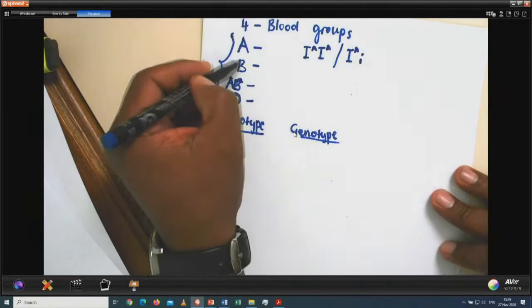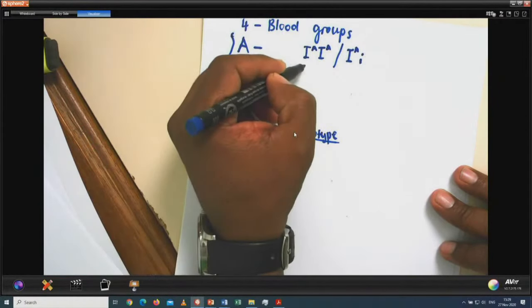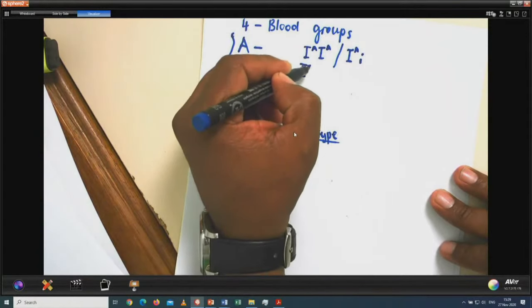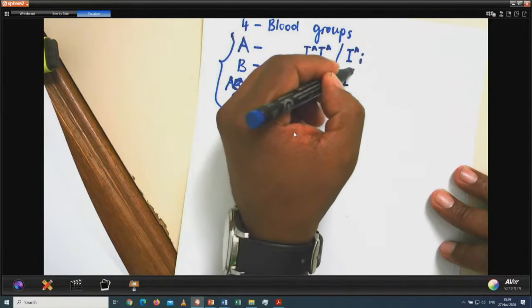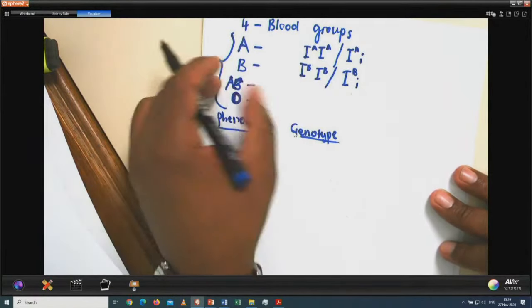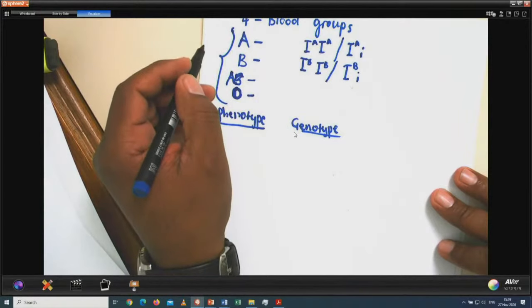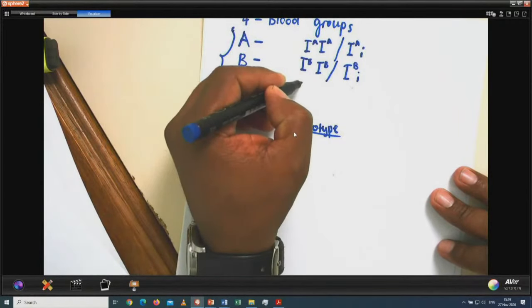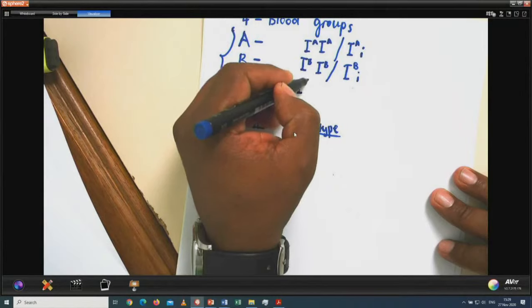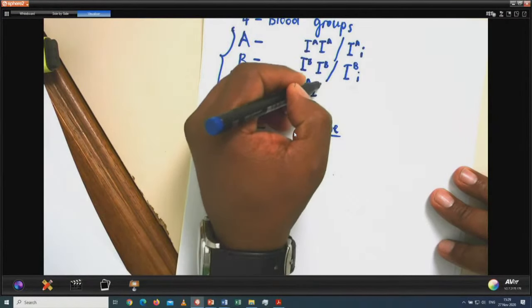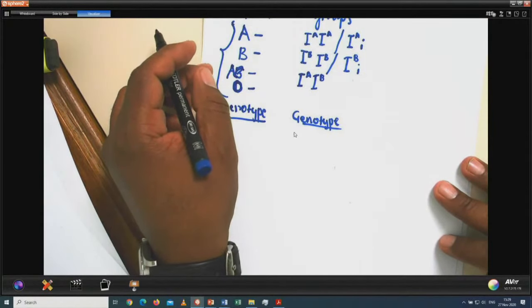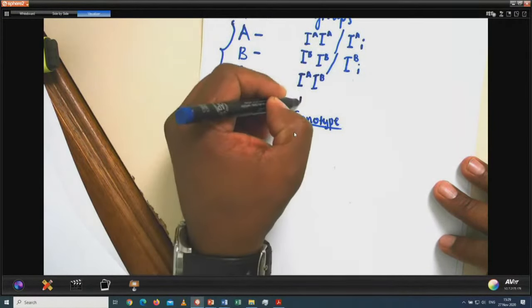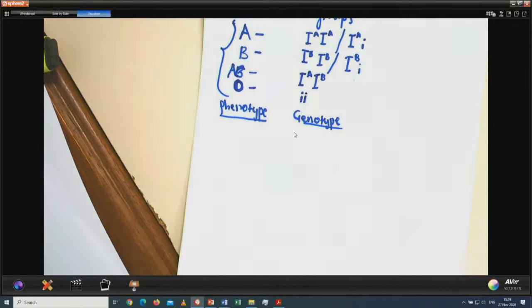A person who has blood group B will have a genotype of IB IB or IB small i, and a person who has blood group AB will have a genotype of IA IB, while a person with blood group O will have recessive alleles, small i small i, to form that genotype.